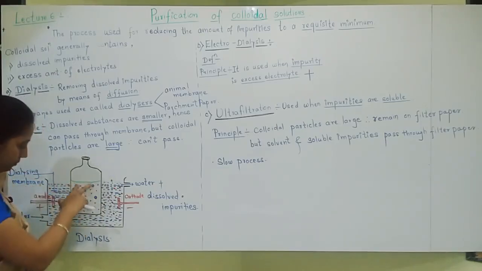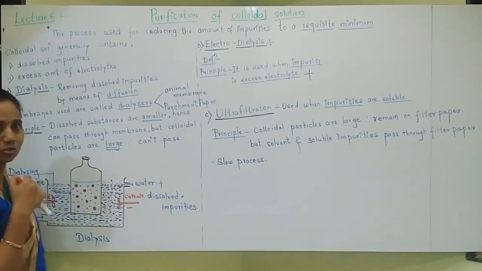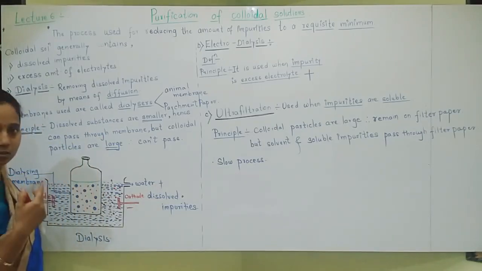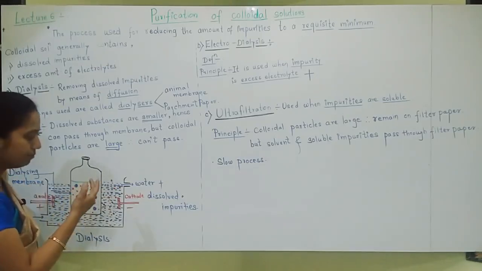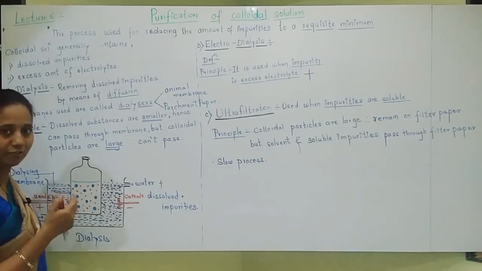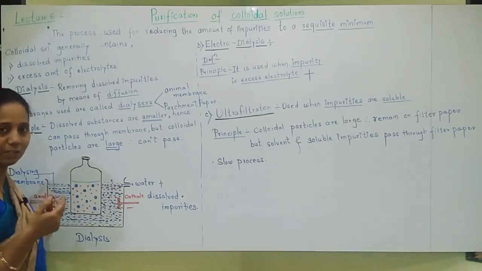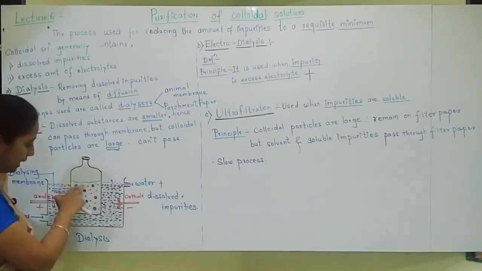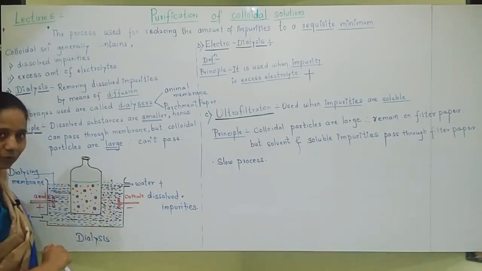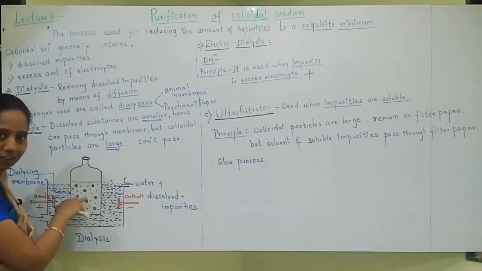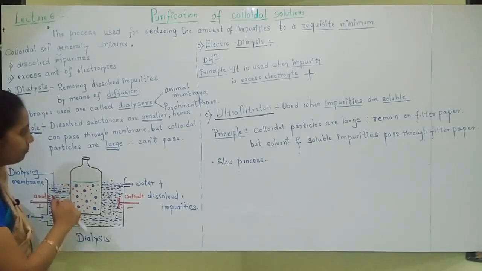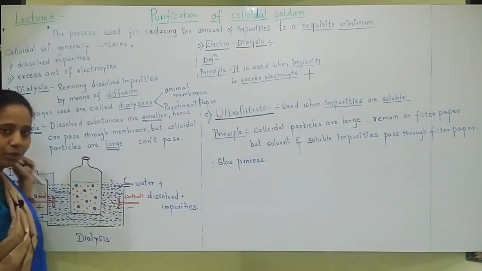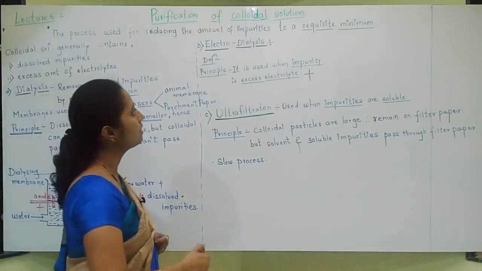The ions of the electrolyte will migrate towards oppositely charged electrodes under the influence of the electric field. So the speed of the process will be more, and like this the electrolyte will come out. And what is left here? Colloidal particles, or pure colloidal solution, is left behind.